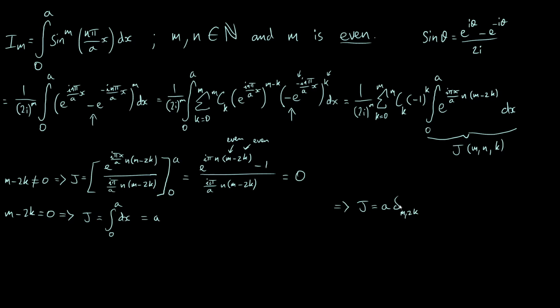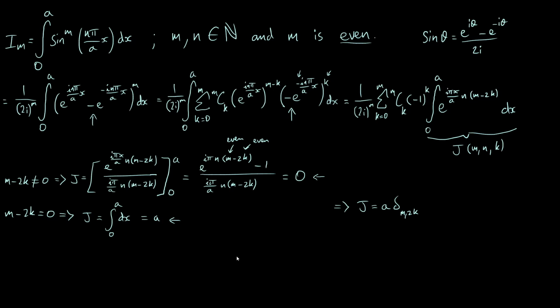So basically this delta, if you haven't encountered this before, is either 1 or 0 depending on whether the two things in the subscript are equal or not. So if m and 2k are the same, then delta is 1 and we just get a, so that's this case here. If m and 2k are different, then delta is 0 and the whole thing becomes 0, which is that case there. Right, so there we go. This is what this integral j evaluates to.